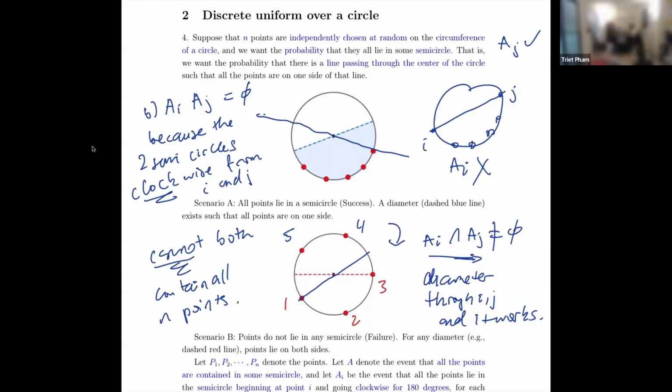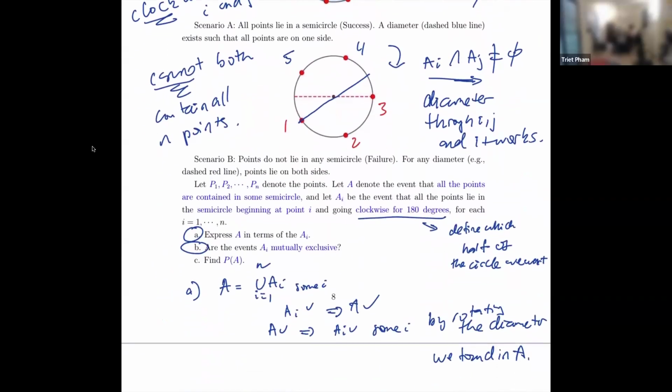All right. So that's actually the clever piece. The last part will be easy. So what would P(A) be? Well, by inclusion-exclusion, but because the AI are mutually exclusive, it's just a sum of P(AI).